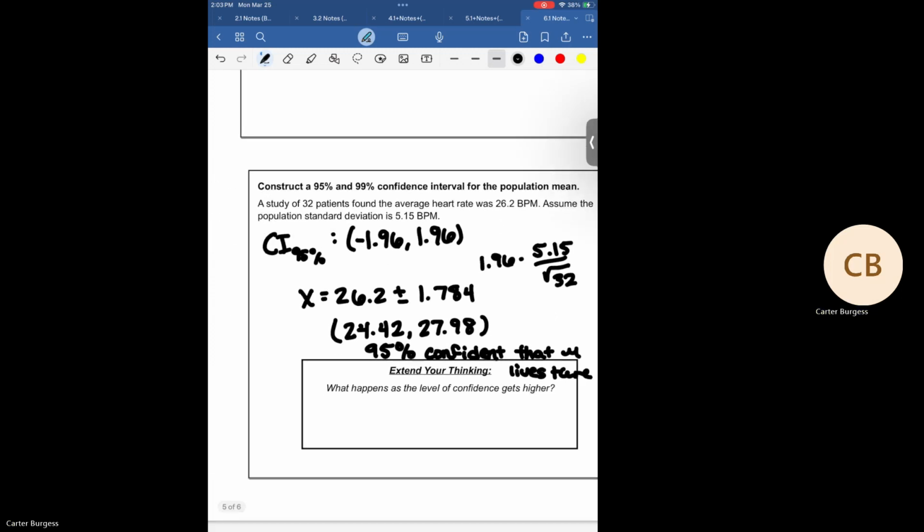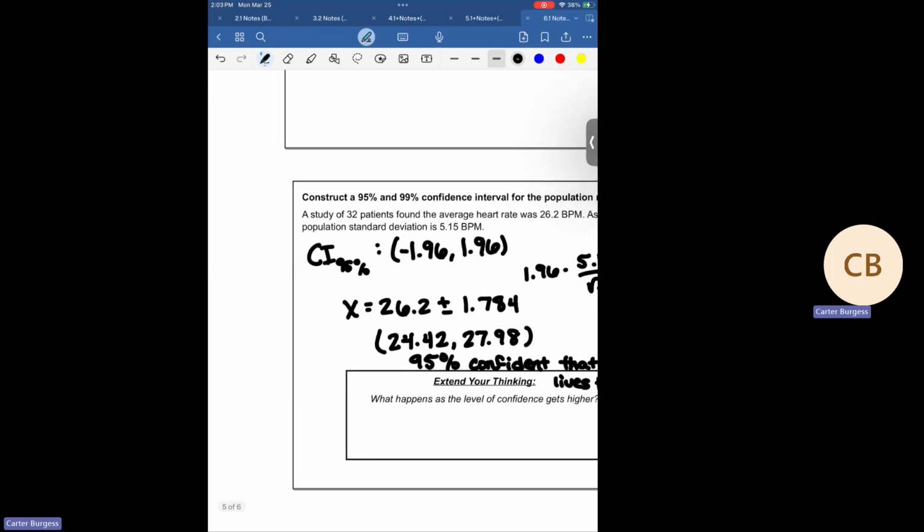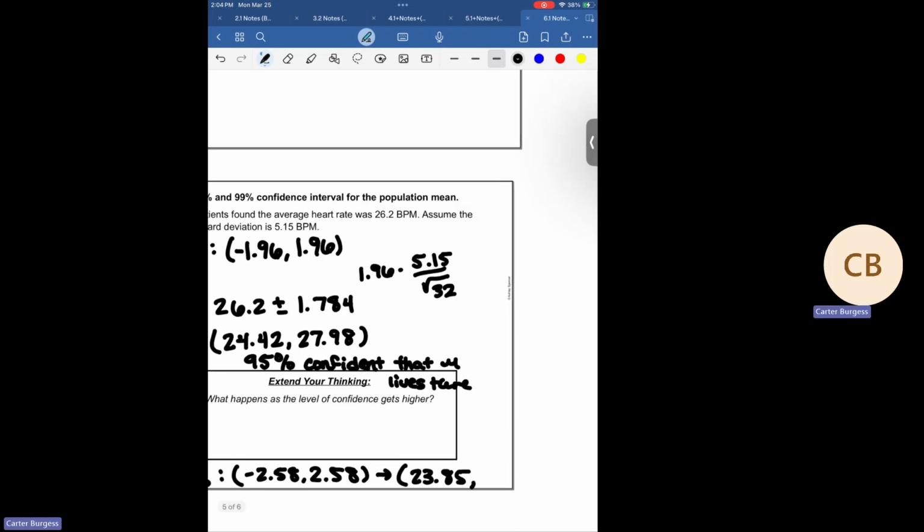Okay. And then for our 99% confidence, what were our z-scores that are attributed to 99% confidence? Very good. All right, and then what did we get for our x values? 23.85. 28.55, that sounds right.